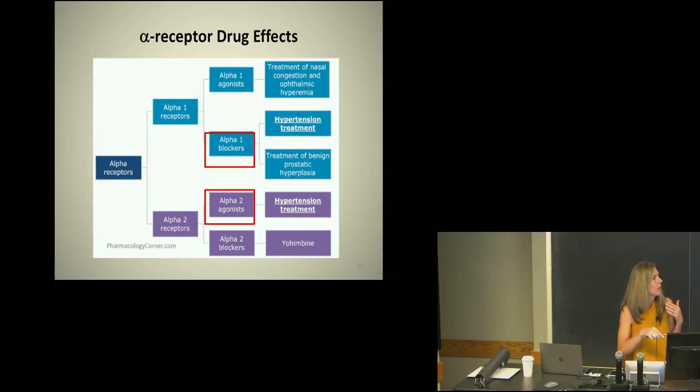Alpha 1 blockers are what we use for hypertension because they regulate blood pressure in the periphery. But we also use the alpha 2 agonists, so don't get these confused. One is an antagonist, one is an agonist. And this is treatment for hypertension as well.